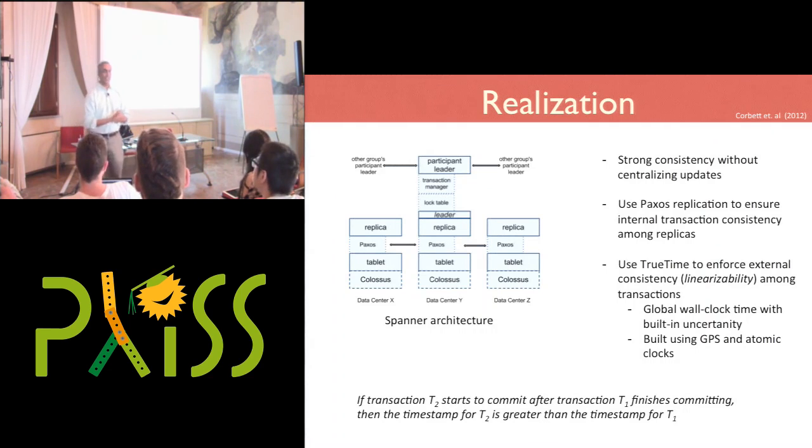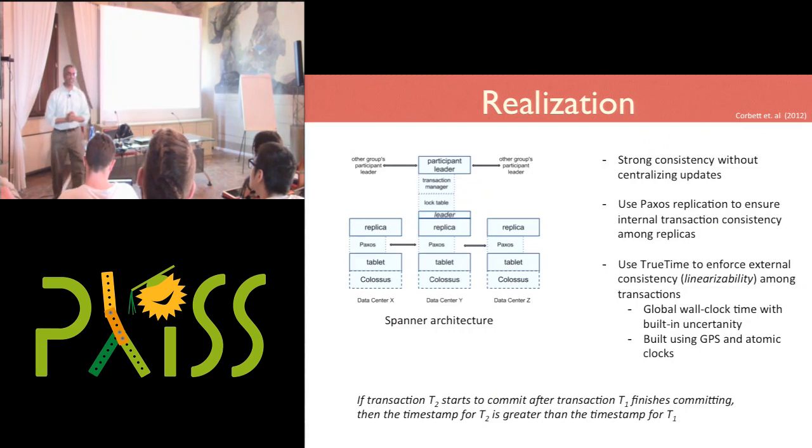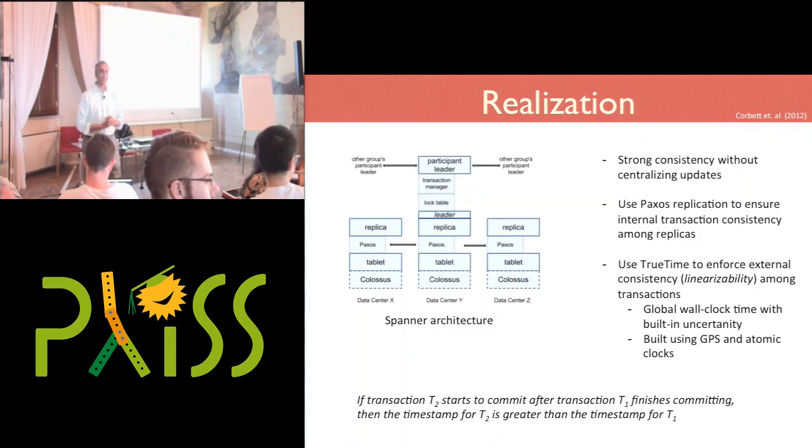And so I believe that they use GPS as a low-cost thing. Then they have atomic clocks that they use to calibrate against the GPS signal, because these replicas can occur anywhere. They can be widely distributed. And so, yeah, there's a bunch of things that they throw into the problem to engineer this. Yes? 10 milliseconds, yeah. Okay.